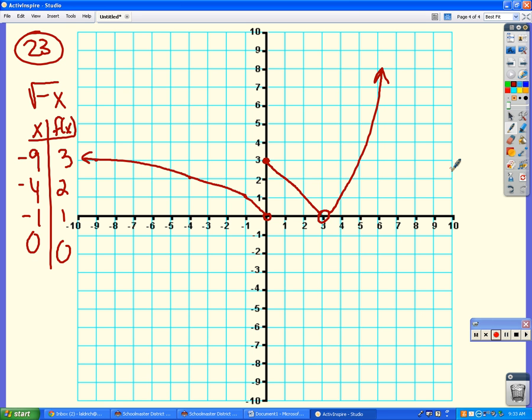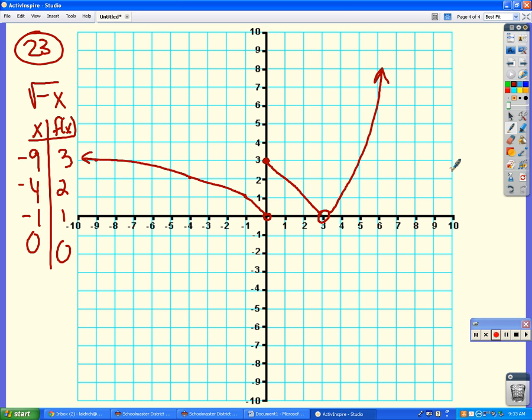Now we can use that to find the limits. What's the limit as x approaches 0 from the positive side? 3. What's the limit as x approaches 0 from the negative side? 0. So what's the limit as x approaches 0? Does not exist, if the left and right hand limits are different.